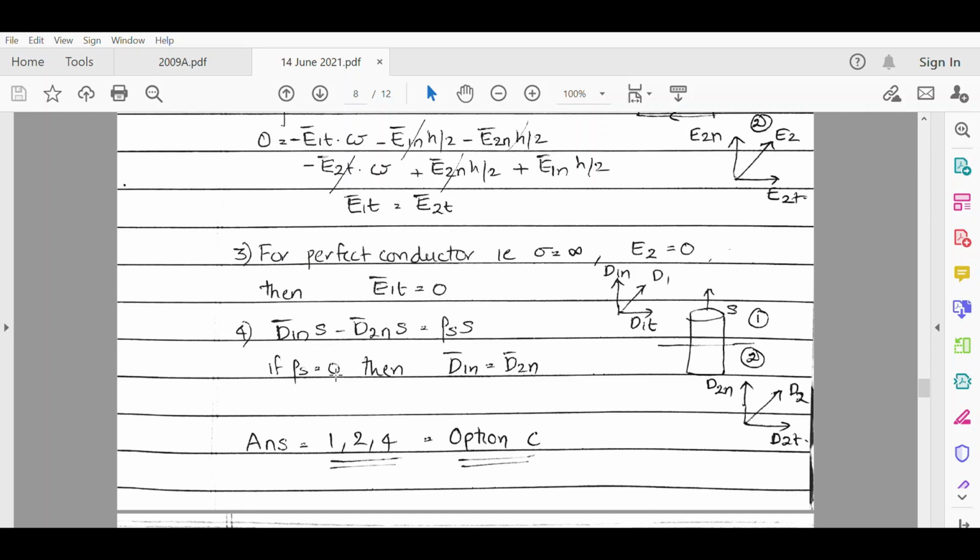So if rho s is equal to 0, this equation implies that the normal component of flux density over the two media is equal.